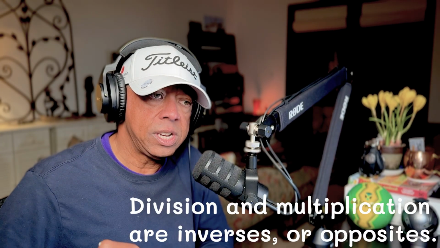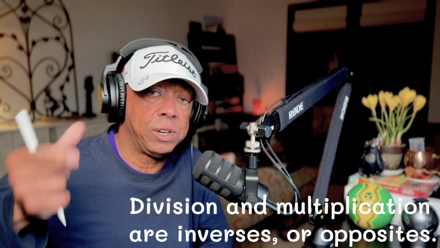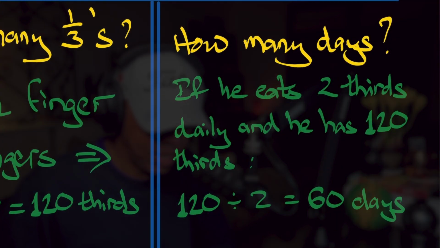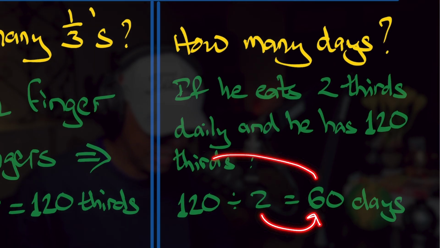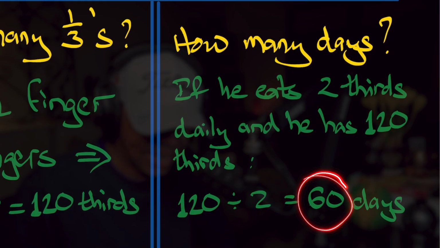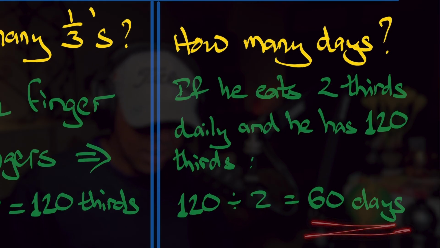Remember, division and multiplication are inverses, they're opposites. I can use what I know about multiplication, that 2 times 6 is 12, to know that 12 divided by 2 equals 6. And of course, 120 is the same as 12 times 10. So I'm just going to multiply my quotient 6 by 10 to get 60 days.